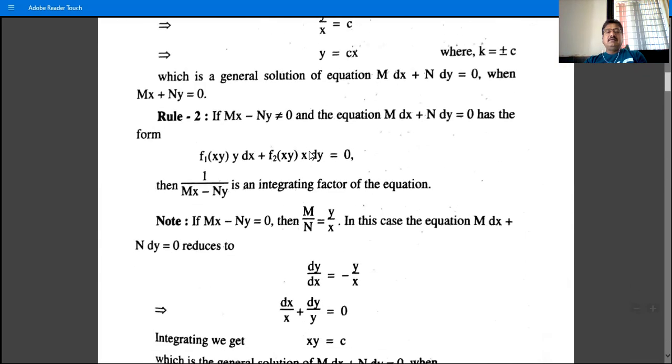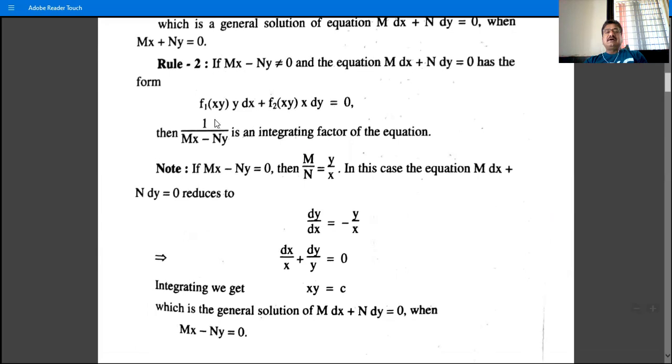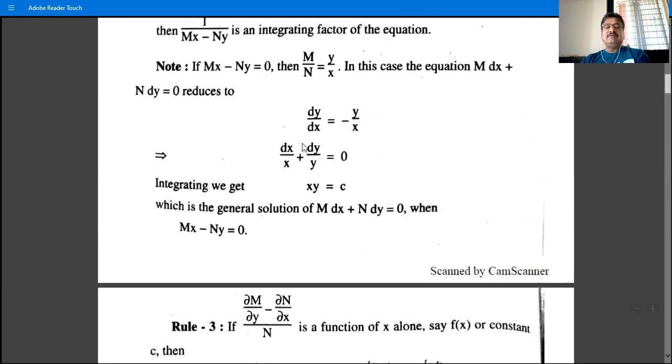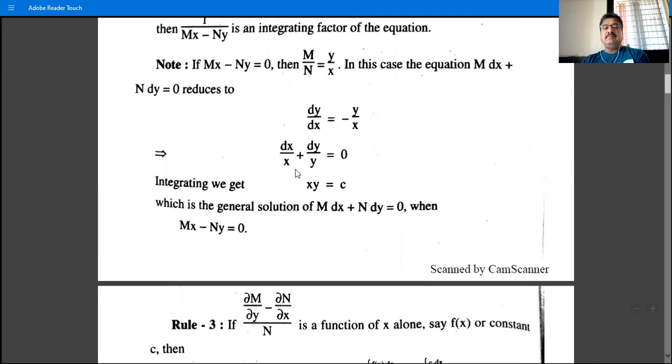That is, if the given differential equation M dx + N dy has the form f1(xy) y dx + f2(xy) x dy = 0, then 1/(Mx − Ny) is an integrating factor. If Mx − Ny is equal to 0, then we have the answer xy = constant.